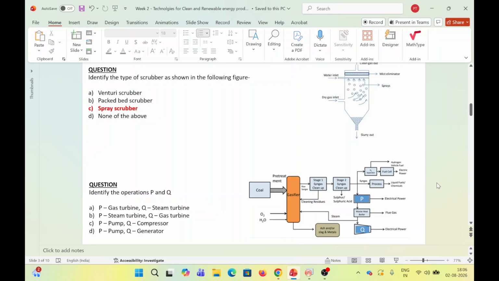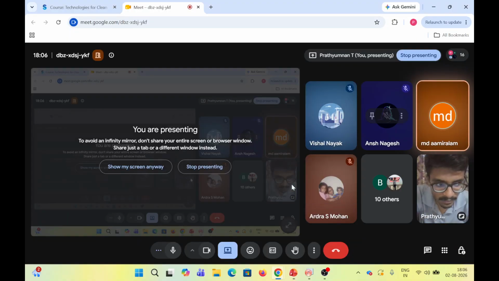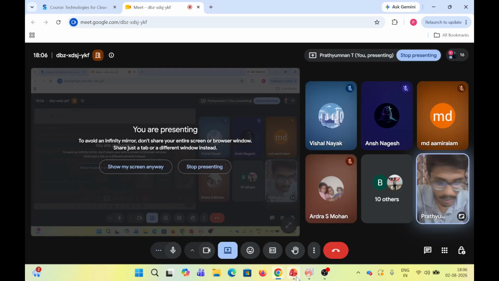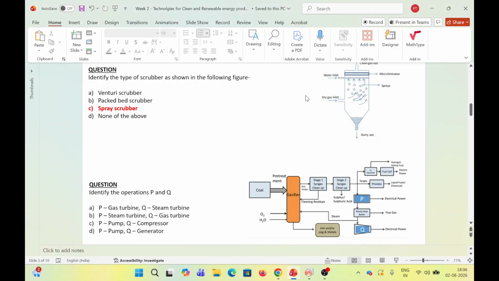Venturi scrubber. No, this is actually a spray scrubber. So the answer is spray scrubber. Now the follow-up question is, how does this spray scrubber actually work?